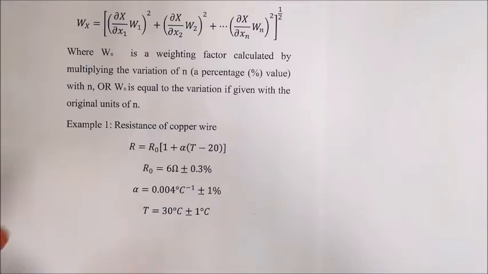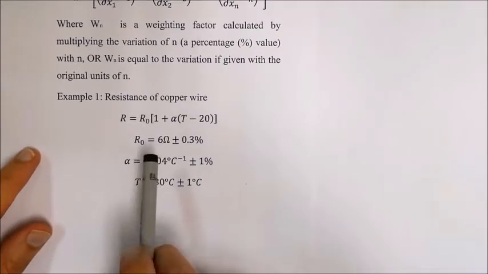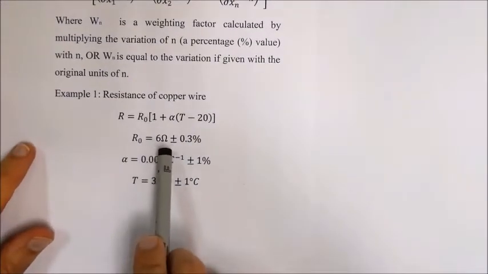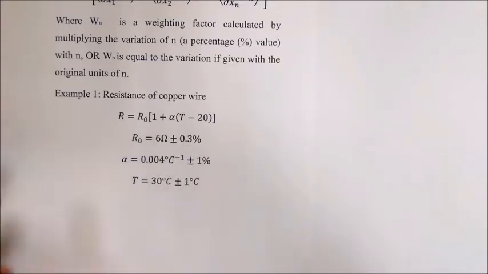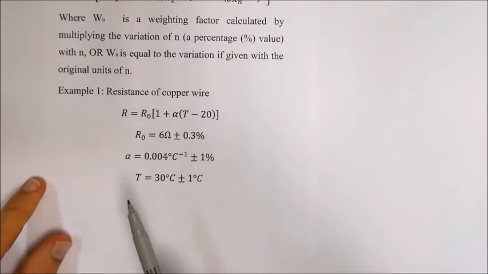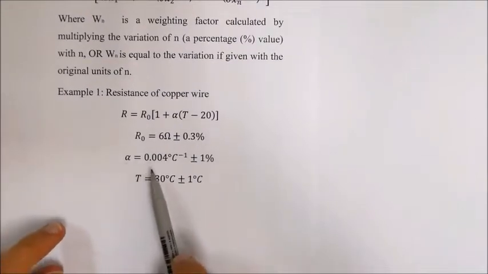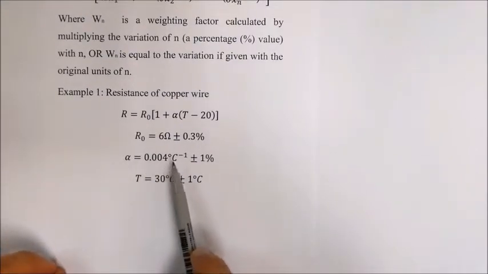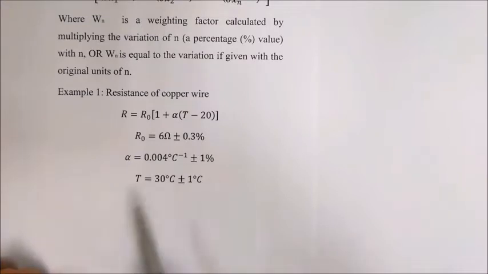You're given the equation, and you're given the nominal resistance of the copper wire, which is 6 ohm plus minus 0.3%. You're given the alpha value, which is 0.004 per degree Celsius plus minus 1%, and you've been told the temperature, which is 30 degrees plus minus 1 degree.